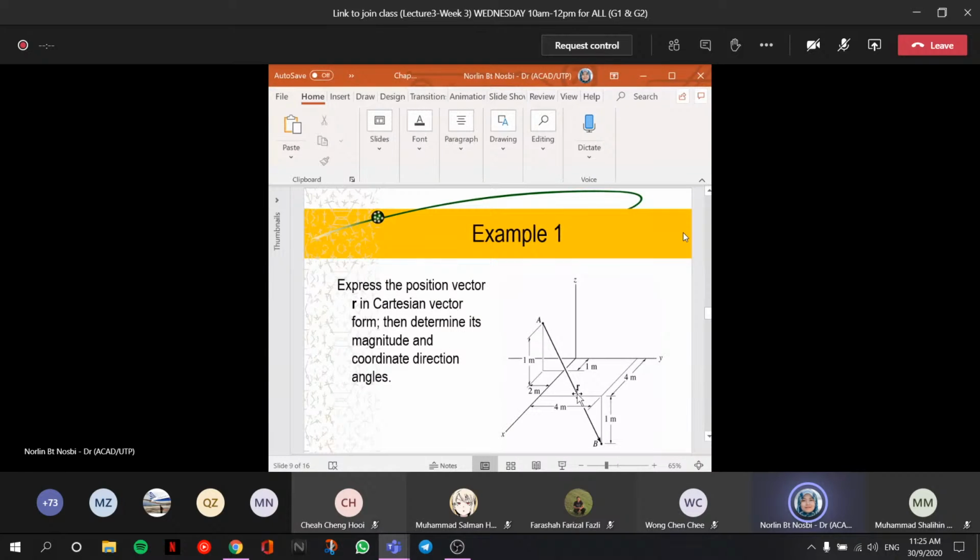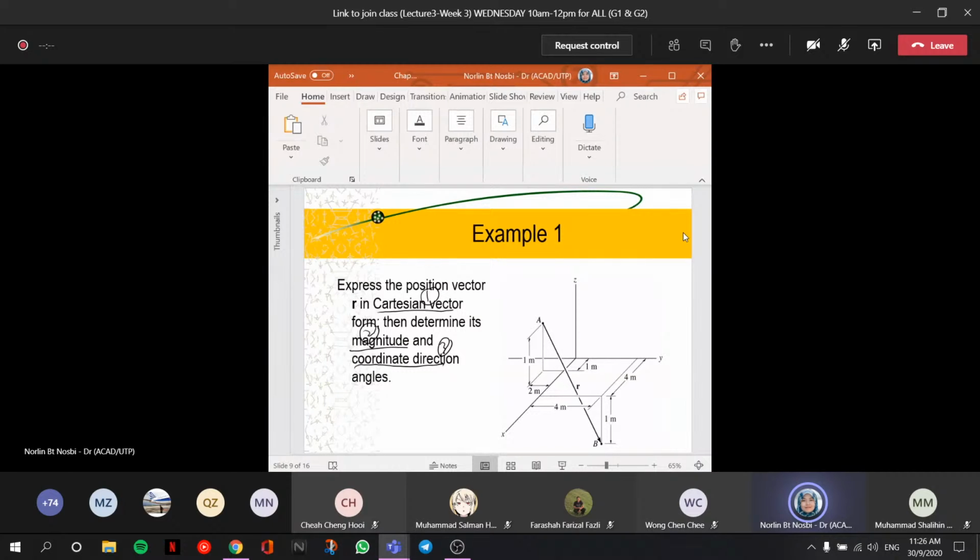Then you determine its magnitude, so we need to find the magnitude along this AB vector here, and the coordinate direction angles. So there are three things that you need to find: the Cartesian vector, 1; the magnitude, 2; and the coordinate direction angles, 3. The same thing as the last subtopic.